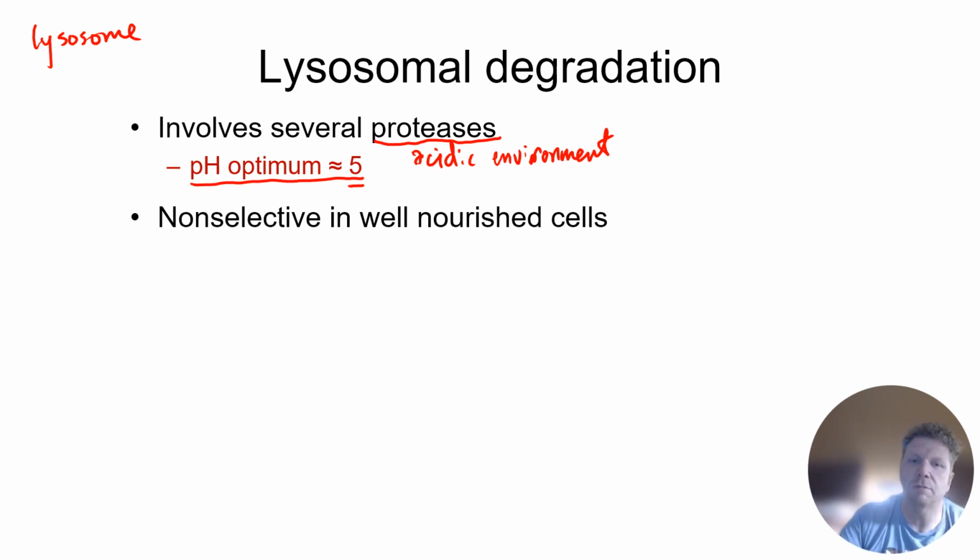And the lysosome is a perfect example to illustrate that, because to align with these proteases being most active at a pH of 5, the lysosomal pH is about 5 to 5.2. So a very acidic environment, which aligns with these proteases that are most active in that environment.